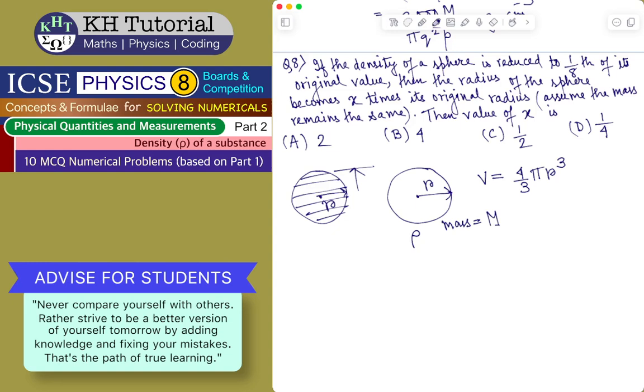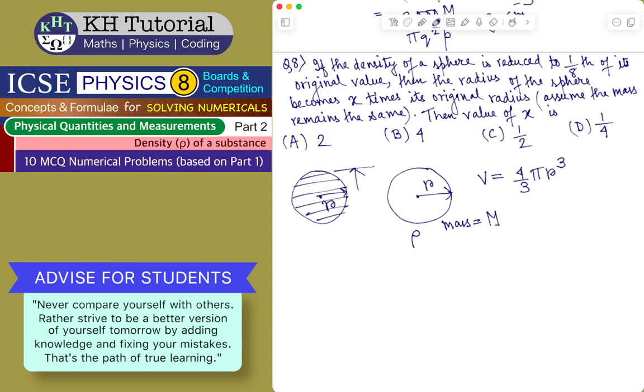Now, keeping the mass same, we are just reshaping the sphere. Consider the new radius is 1/8 of its original value. That is, the sphere is contracting. The radius is becoming less, so the sphere is contracting.